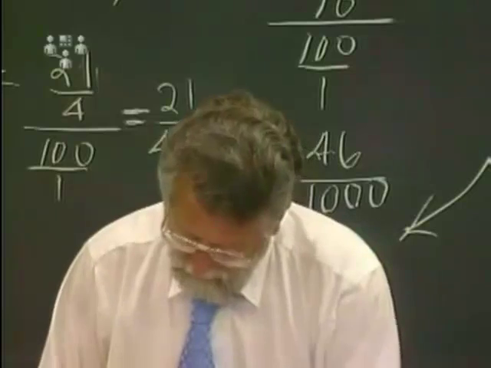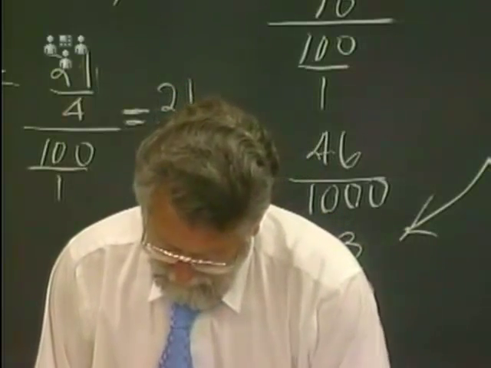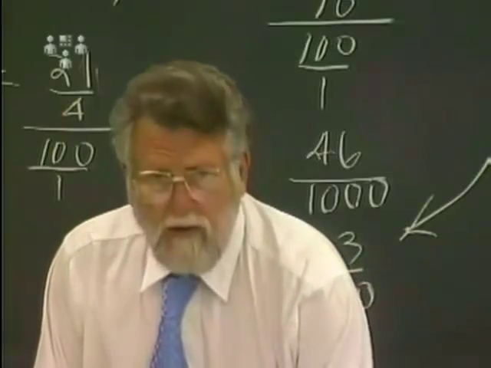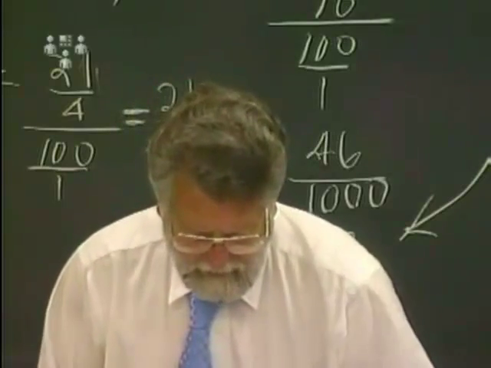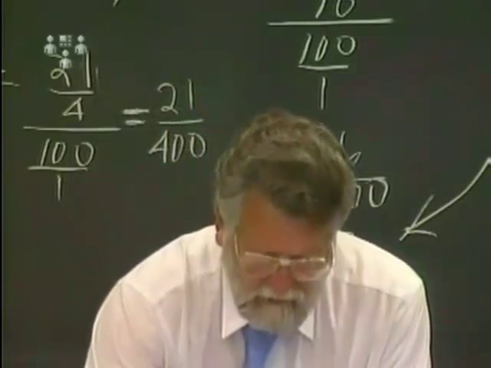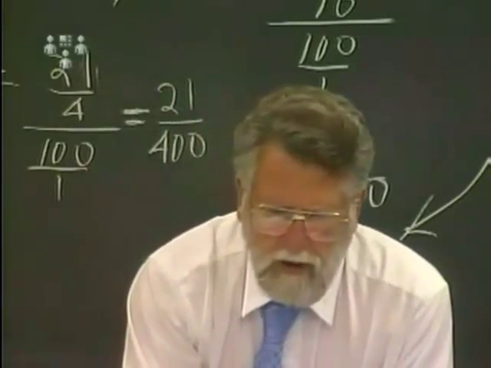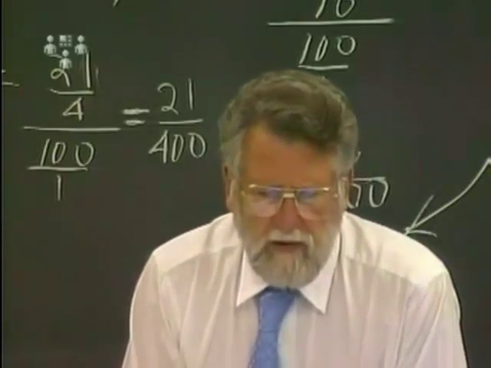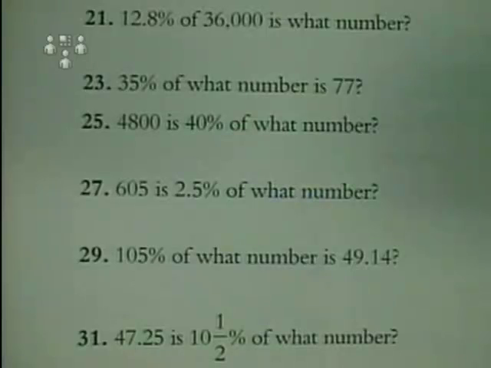This is 8-2, okay, and in terms of 8-2, we're taking a verbal statement and simply translating it. So, again, just without taking any particular problem more representative than another, let's look at 27, in which I have 605 is 2.5% of what number?